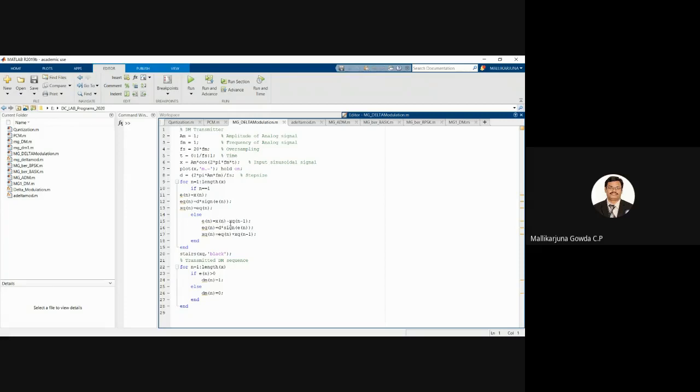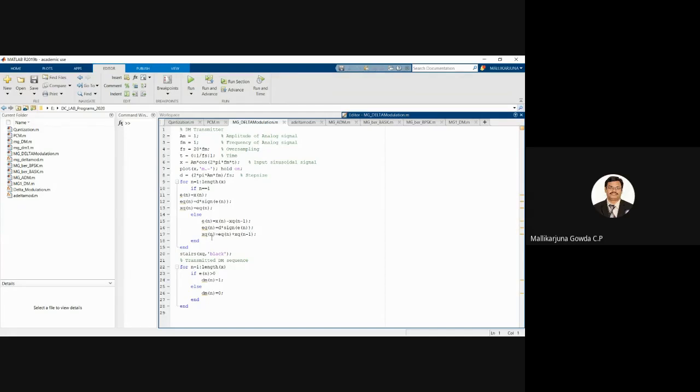X of n is nothing but our present sample, x of nTs, minus xq of n minus 1, which is my approximated signal. If the difference is positive, the output of the quantizer EQ of n will be equal to the same equation, D into signum of E of n, right?